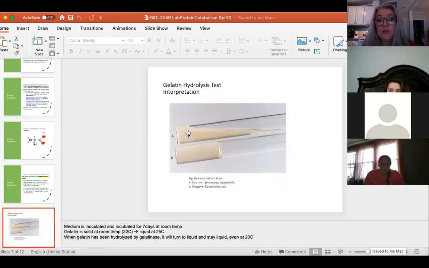You can put it into a bucket of ice, and it still won't go back to solid because it can't. The protein has been broken apart in there, and it's now just a soup of amino acids. So that's the gelatinase hydrolysis test.